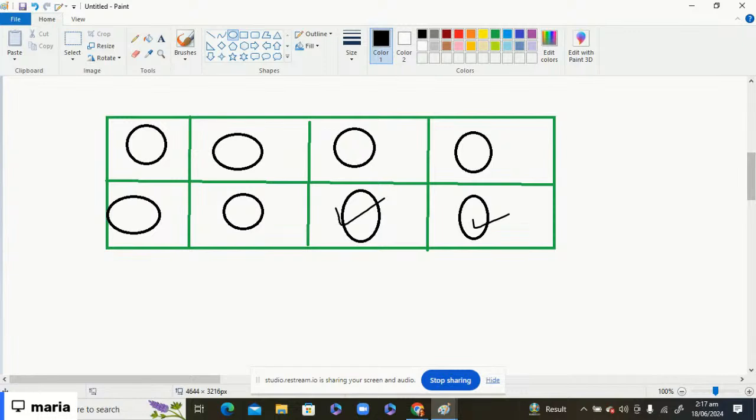Now, for example, if I remove some here, okay, now my question is how many more dots are needed here? Check it out, you all, and then tell me the answer. How many more dots are needed here?